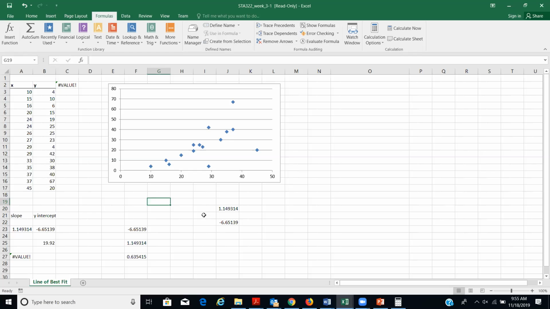We know two things. We know the slope, and we know the y-intercept, based on a full regression analysis done by Excel.